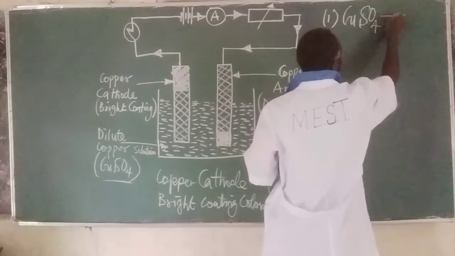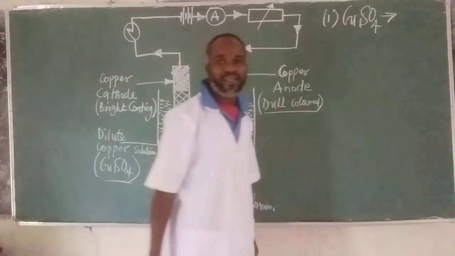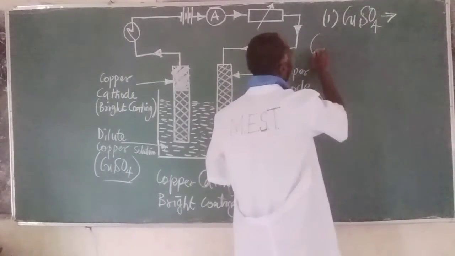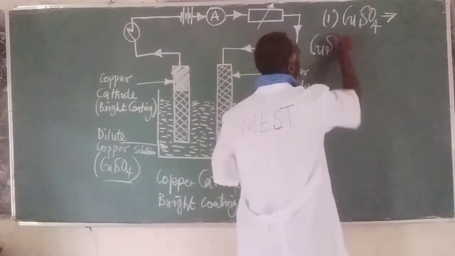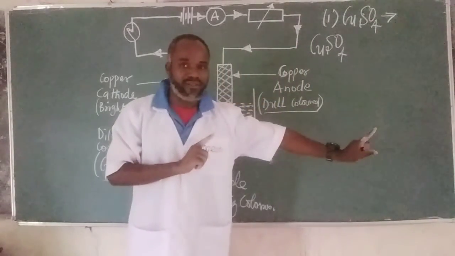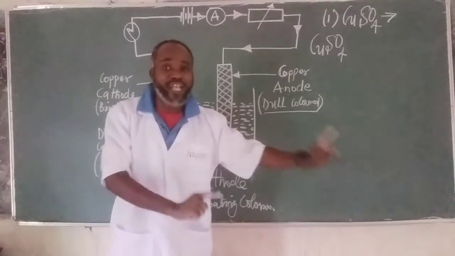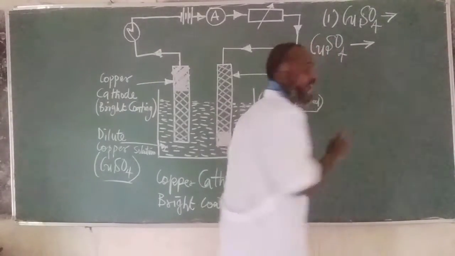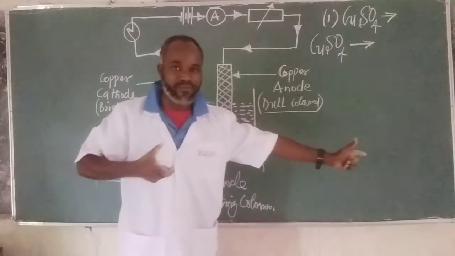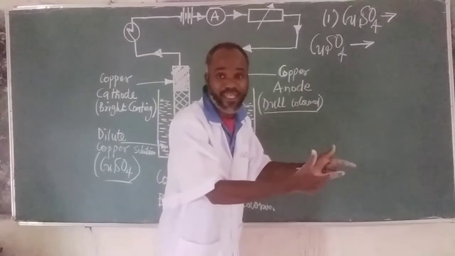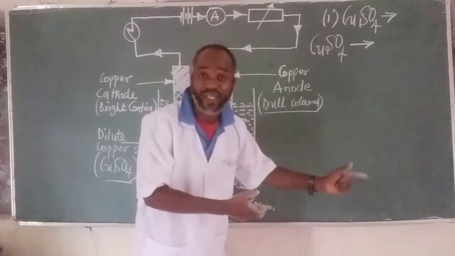When the copper sulfate solution is in place and current starts flowing into the system, there is ionic dissociation because of the energy that has been given to the system as a result of the passage of current.